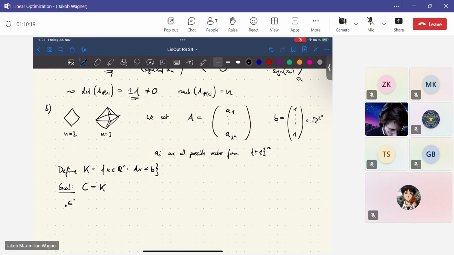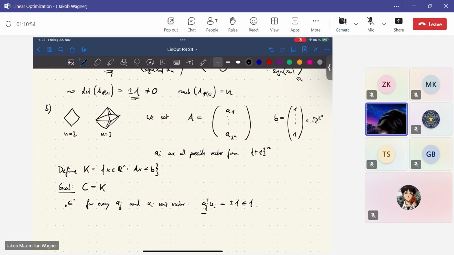And for this, we know that for every a_j that's in this matrix and u_i unit vector, we have that a_j transpose u_i selects the ith entry from a_j, and again, this is either plus or minus 1, but we know that it's less or equal than 1.